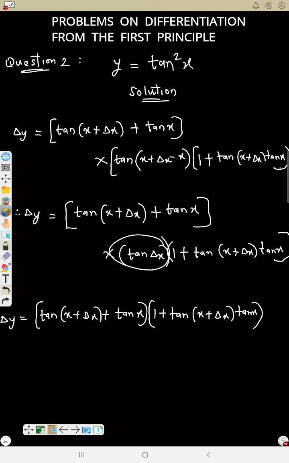Now this tan dx, to be times tan dx like that. This tan dx is the one I write last. So from here I can divide both sides by dx.